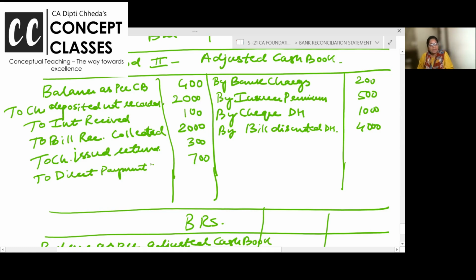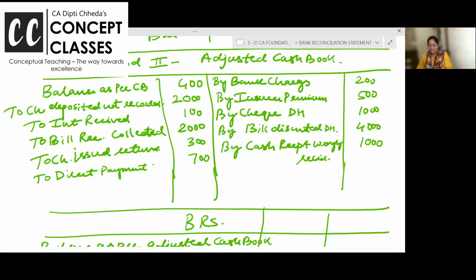Direct payment. Cash receipt recorded in bank column. Oh, bank was wrongly debited whereas it was a cash receipt. So credit it. Rectification, by cash receipt wrongly recorded. You know, a cash receipt should be debited in the cash column. By mistake, you debited in the bank column.